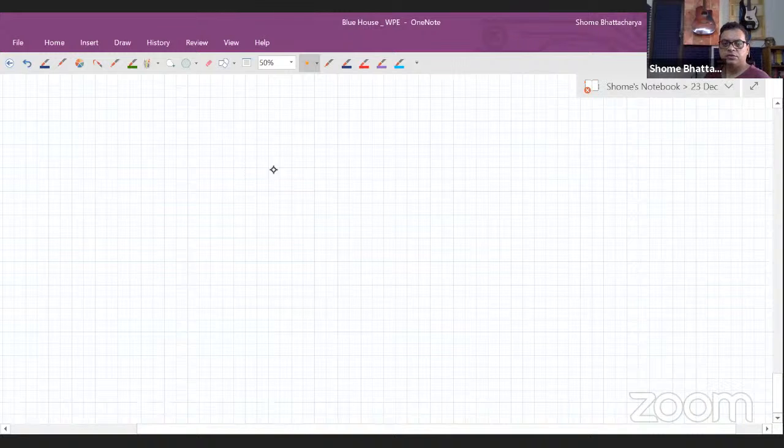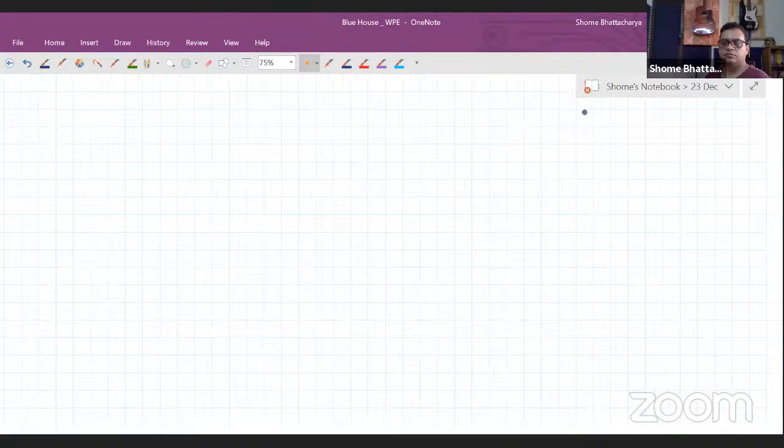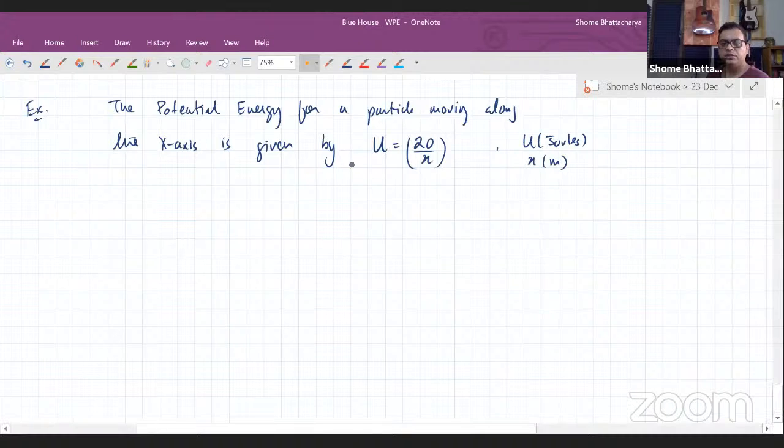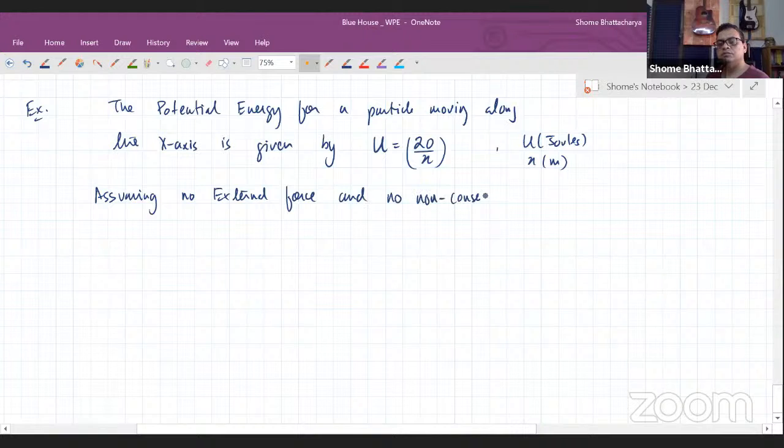Okay, so coming back to this question, we are given this sort of formula here for potential energy. Okay, now assuming no external force and no non-conservative force acts on it, that means only internal conservative force acts.